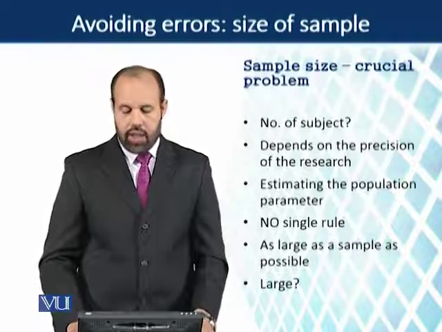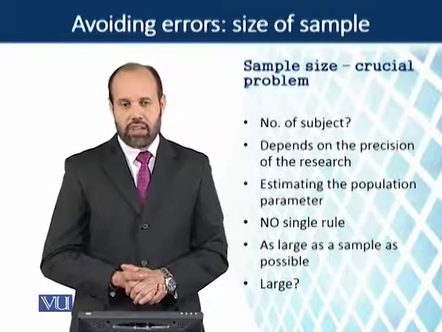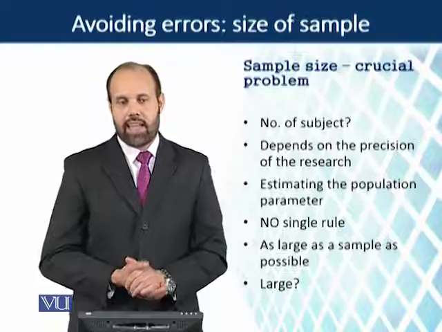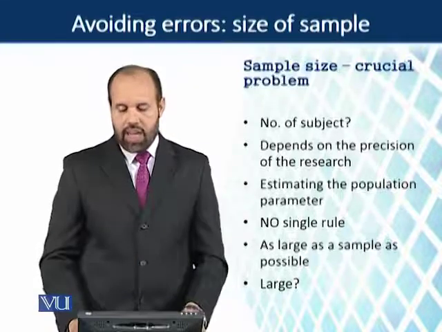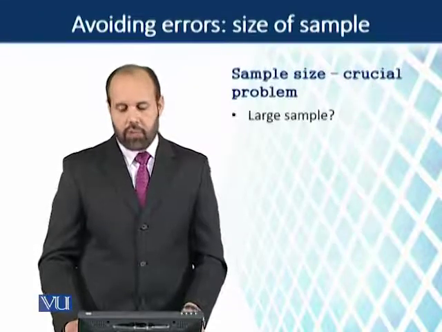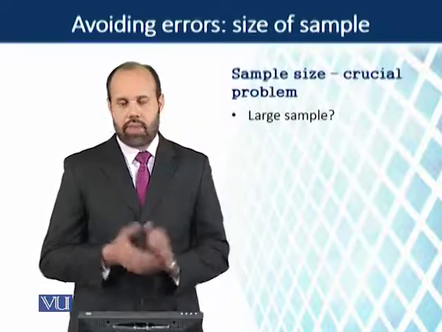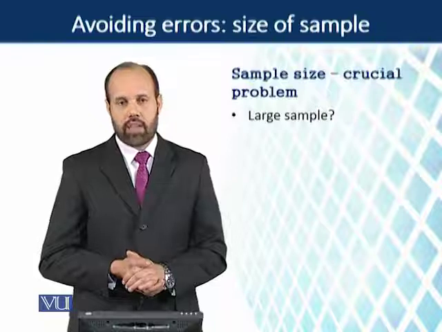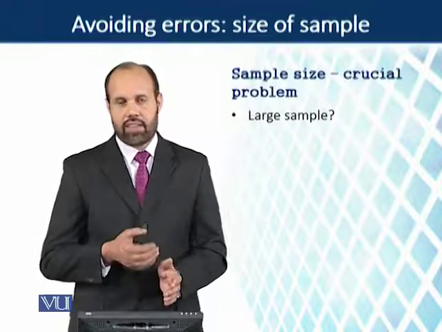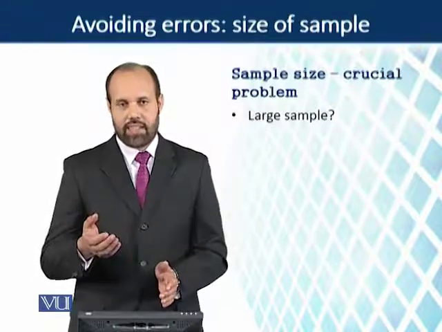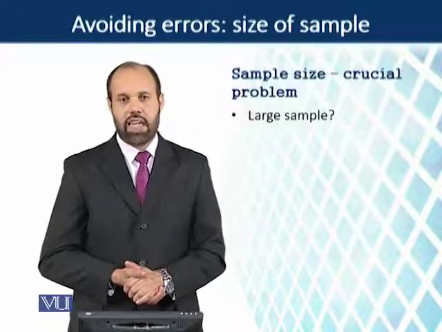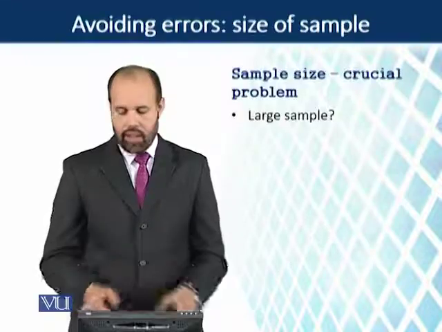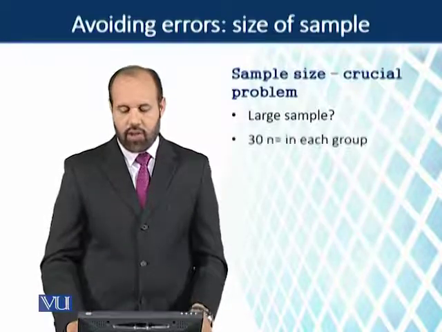Okay, now what is a large size of sample? Because large is, of course, another tricky term. What is large, right? If we explore the literature related to sample, then some of the experts have defined large as a sample size of 30 for each group, 30 informants or participants.